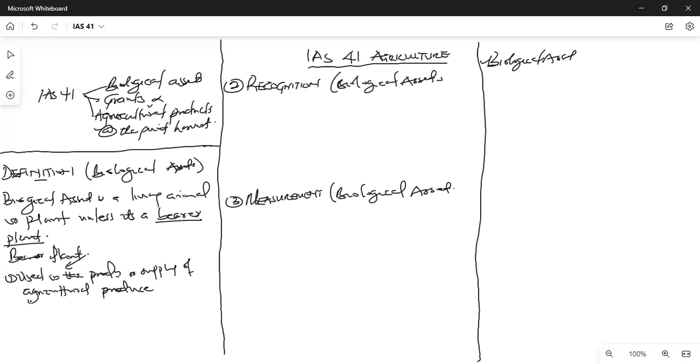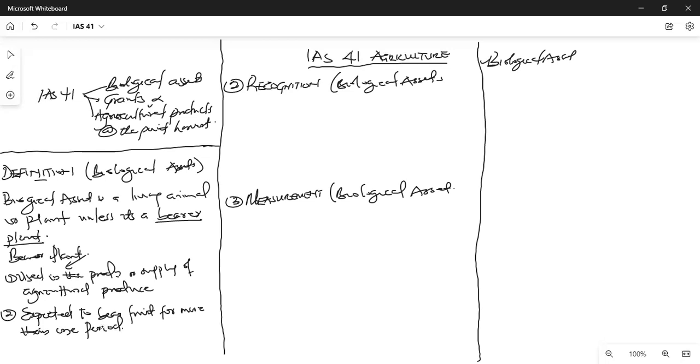All right. And number two, it is expected to bear fruit for more than one period. Okay, so they produce fruits, and the asset is expected to bear fruit for more than one period, just like a PPE. All right, one period.